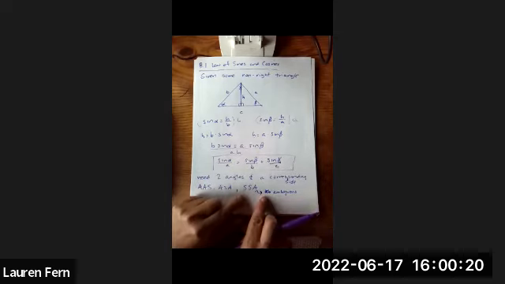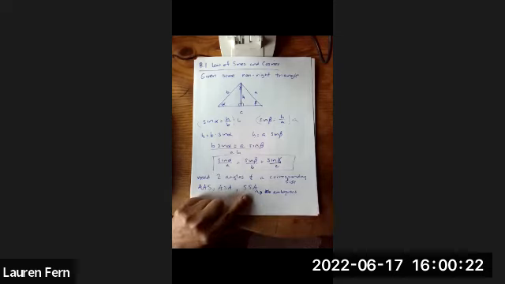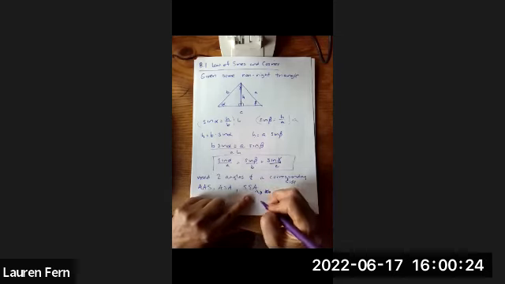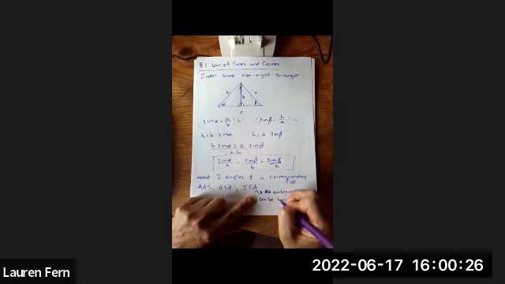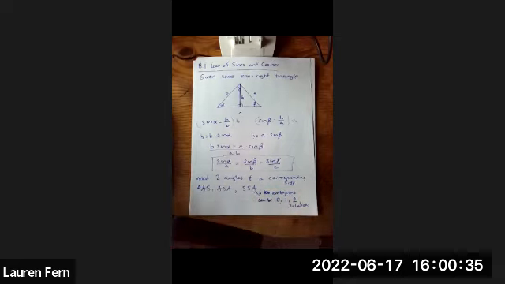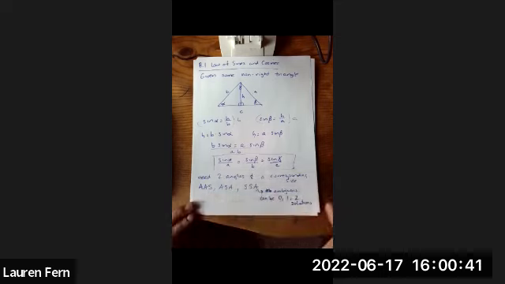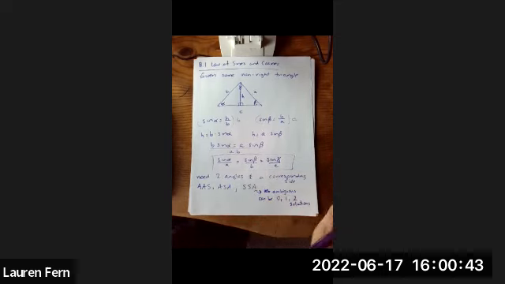We call side, side, angle the ambiguous case because there can be 0 solutions, 1 solution, or potentially 2 solutions. So when you're in this situation, that's a way of saying, hey, you've got more work ahead of you. Okay. So these are the scenarios in which we use our law of sines.